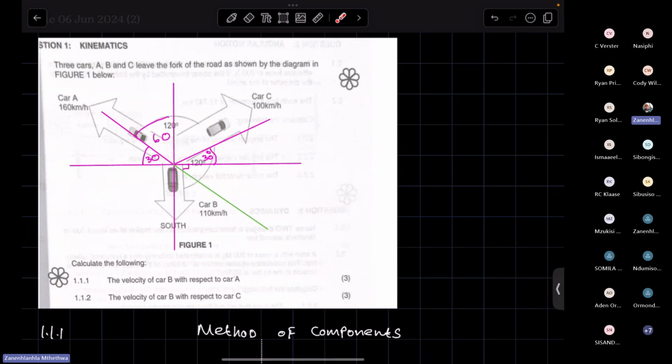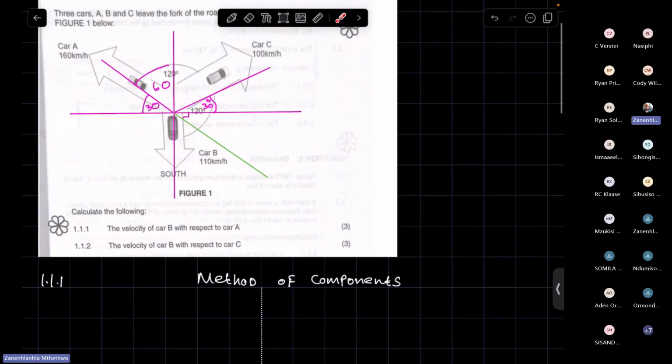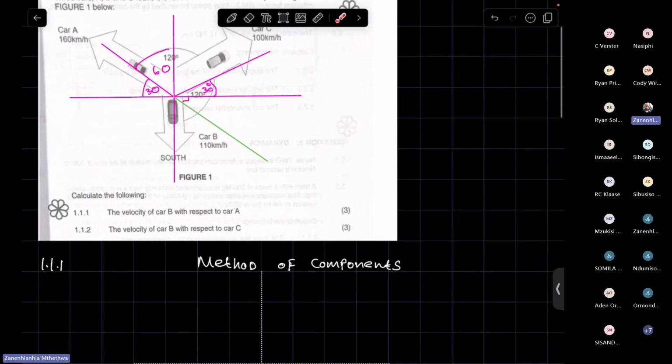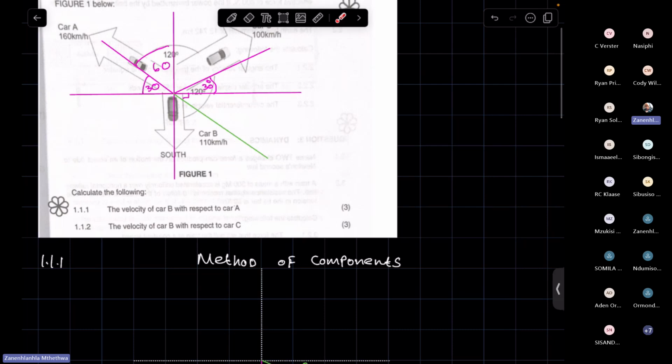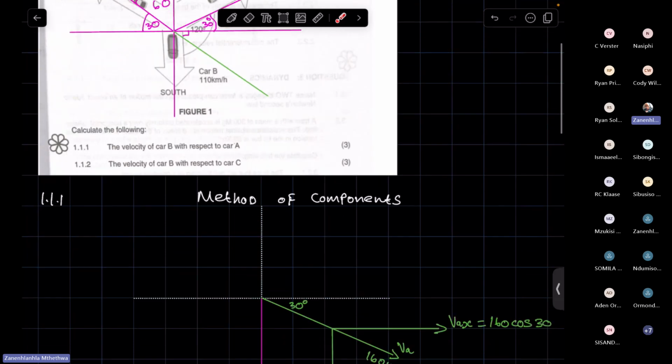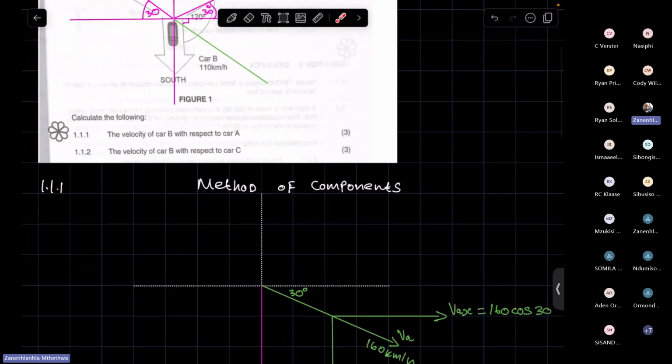Now, what I said was for relative velocity, how we express the vectors on the Cartesian plane. The most efficient way to approach problems based on relative velocity is how we express the vectors on the Cartesian plane.